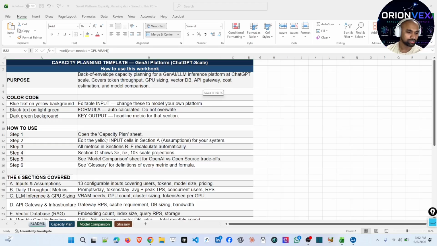All these things are listed in this README file. Then I will go ahead with the glossary, and then we'll do the capacity planning, and finally we'll do some model comparison. Now let's see what we're going to do on this capacity plan.